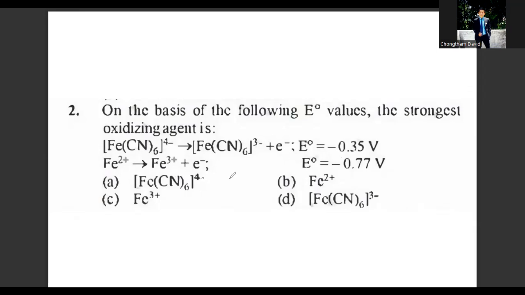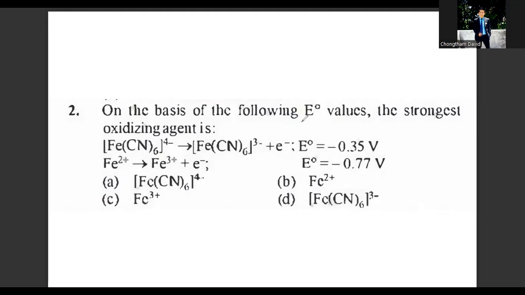Now cell potentials are given here, and in the second case, Fe2 is changing to Fe3 plus, the same oxidation, same process. But these SRP values are different. Now, on these values, the question is asking what is the strongest oxidizing agent. From the given data, we find that ferric is the strongest oxidizing agent.